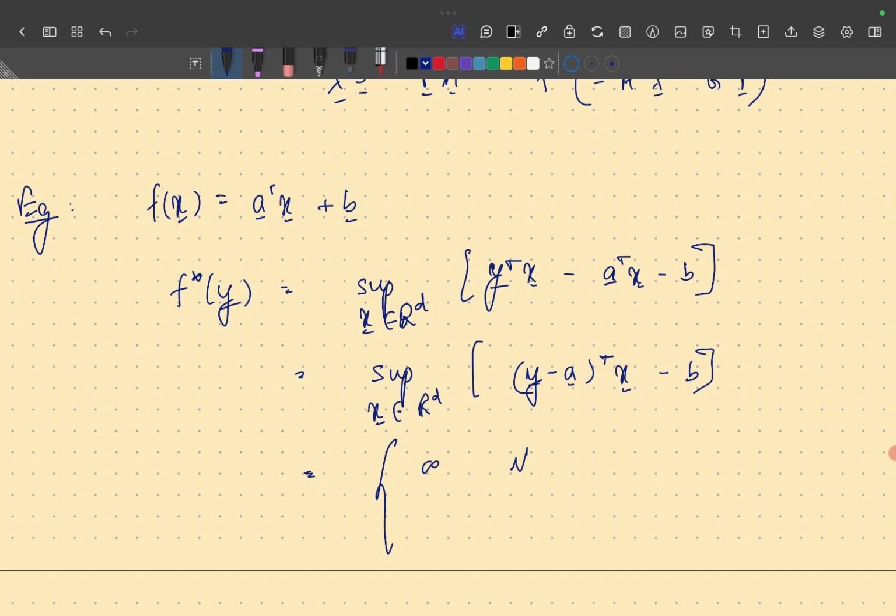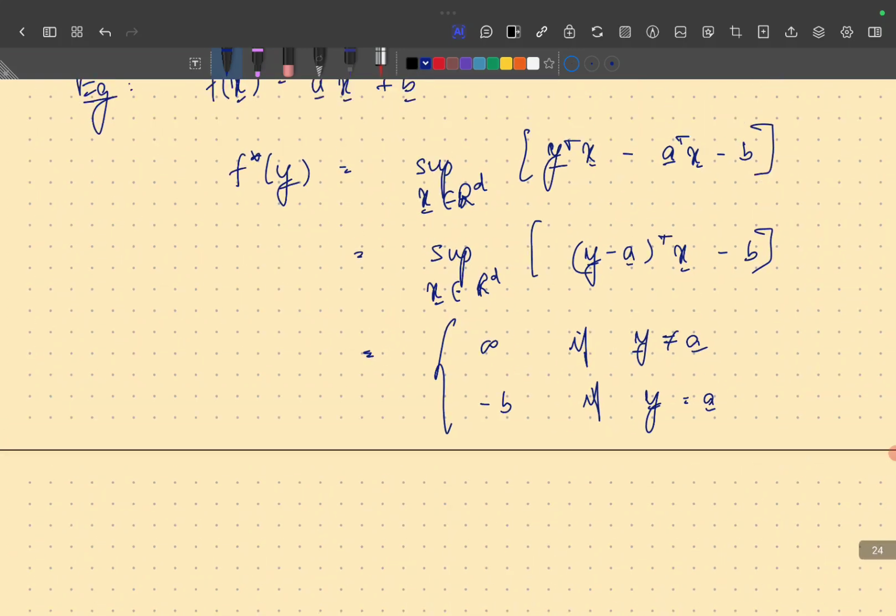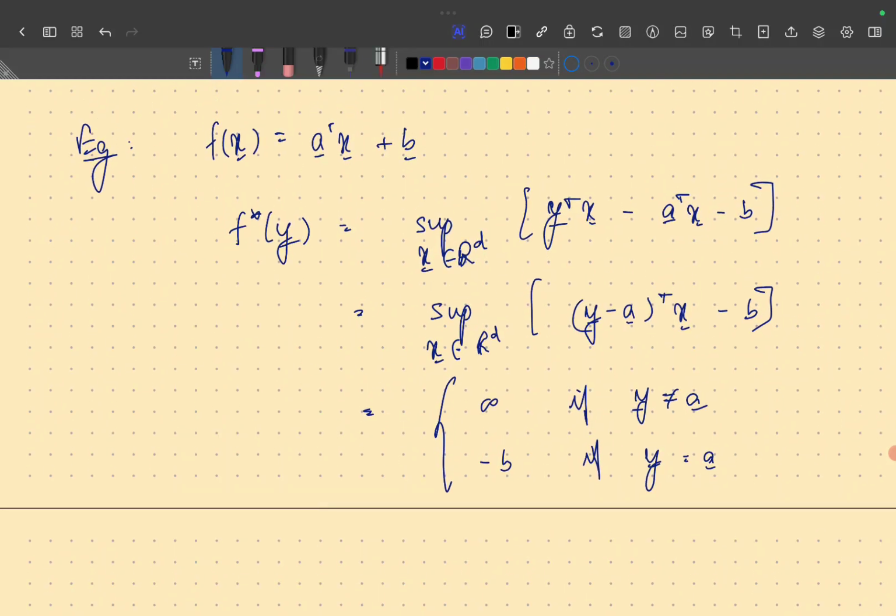So this is equal to infinity if y is not equal to a, and it's equal to minus b if y is equal to a. Good. So at only one point it is minus b, else it is infinity. Correct.